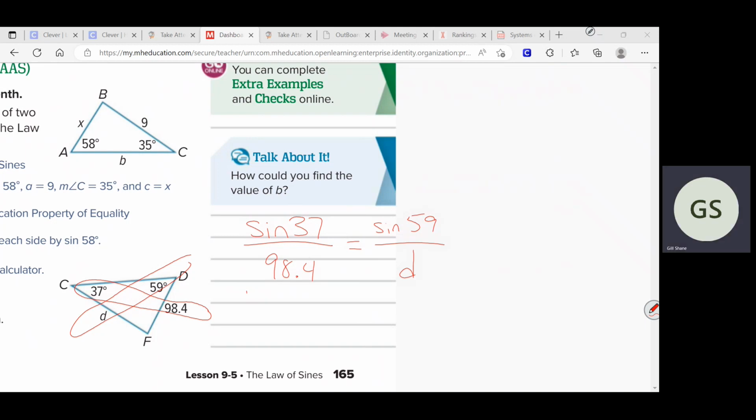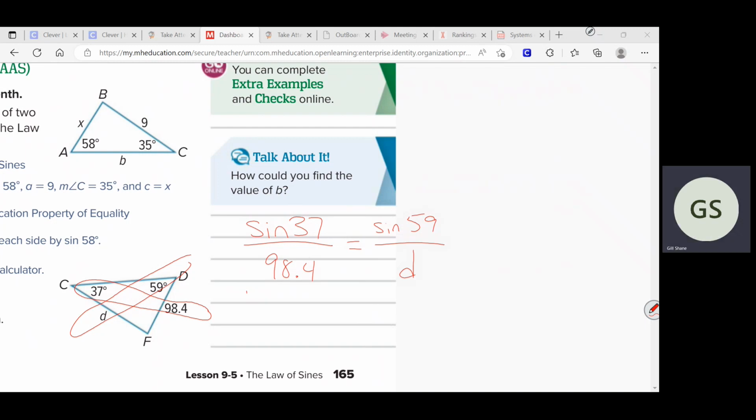What did somebody get? I got 83.7, but that shouldn't work. Is that what you got? Anybody else get that?